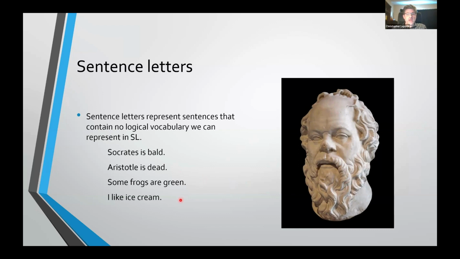I like ice cream. Actually, when we get to talking about predicate logic, you'll see that "some" is a logical term in predicate logic. So there is logical vocabulary there in that language, but you can't represent that in SL. All of these are just sentence letters in SL because there's no logical vocabulary here that we can represent.